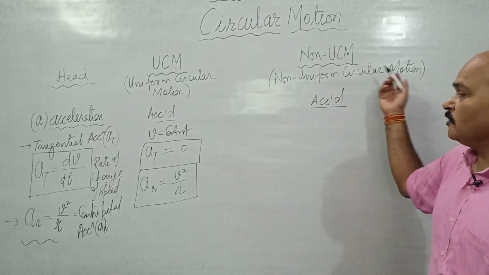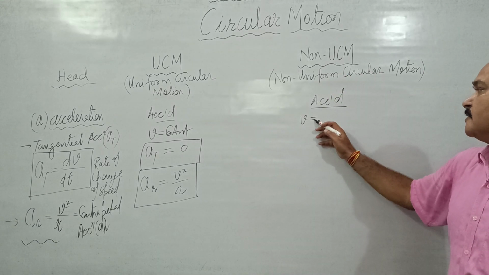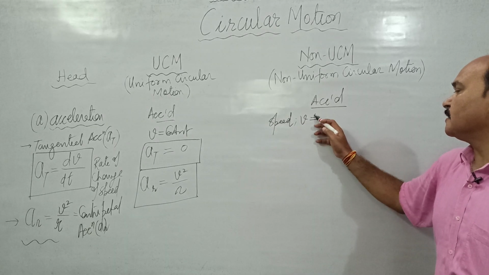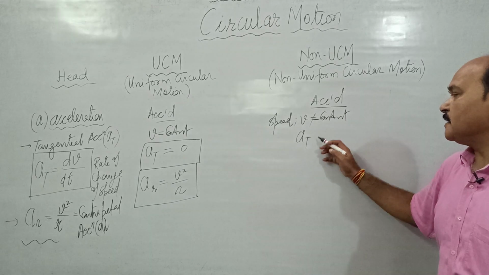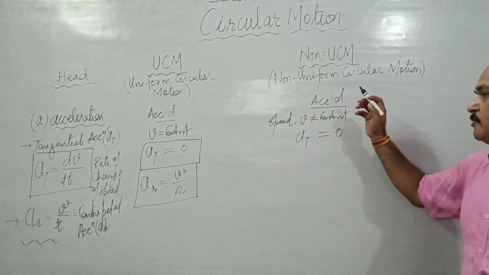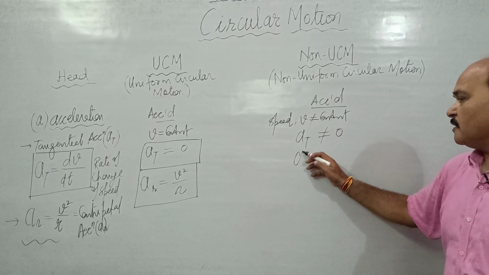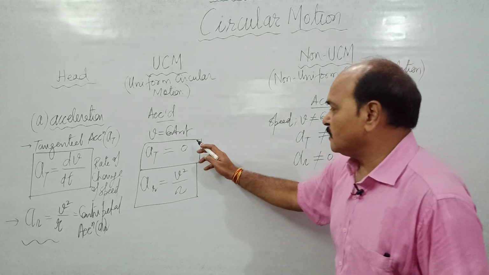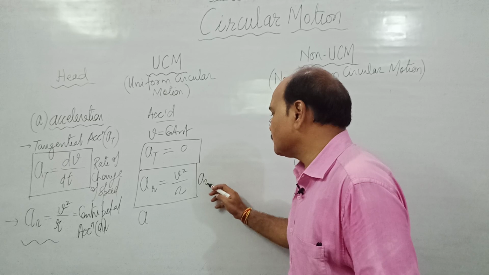Here in non-uniform circular motion, since the tangential speed is not a constant but a variable, we do have tangential acceleration. And of course, we have radial acceleration too. In UCM, tangential acceleration is 0, but radial acceleration is there, which is not 0.